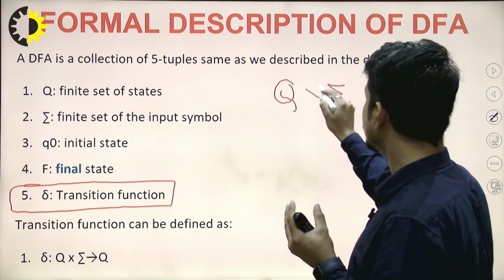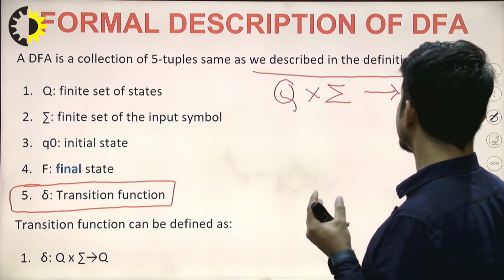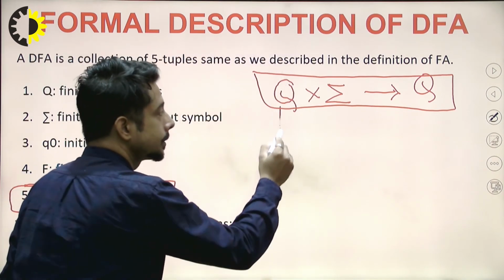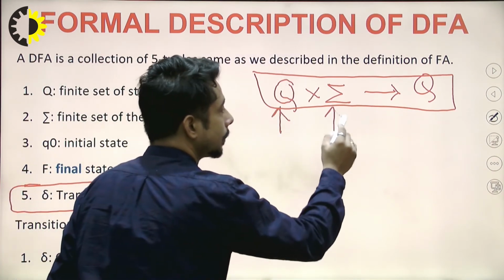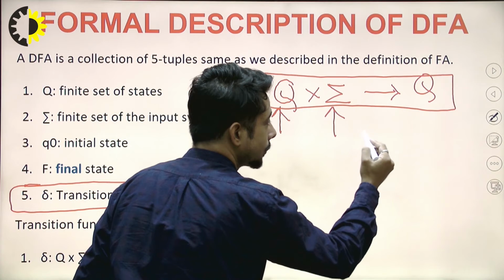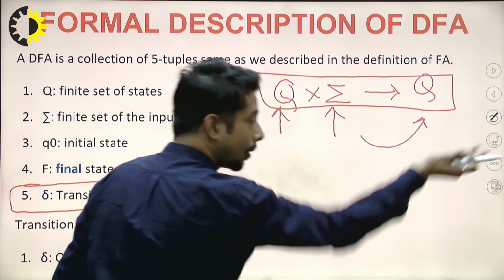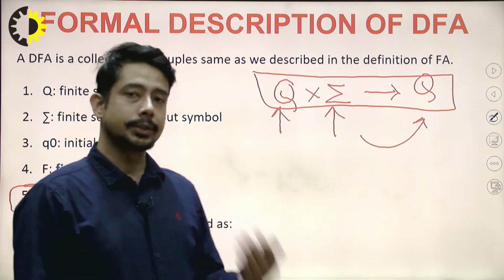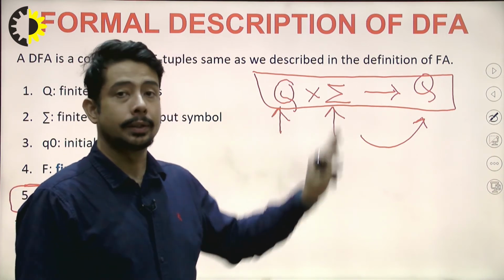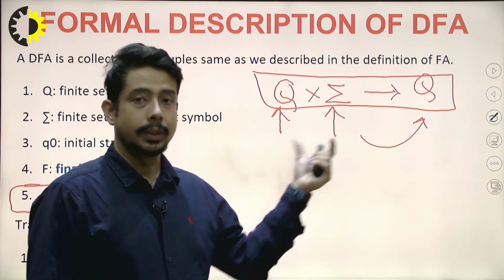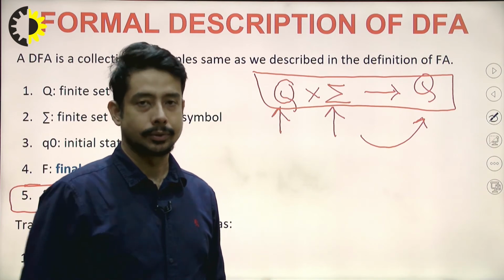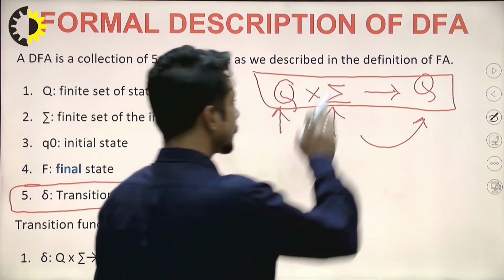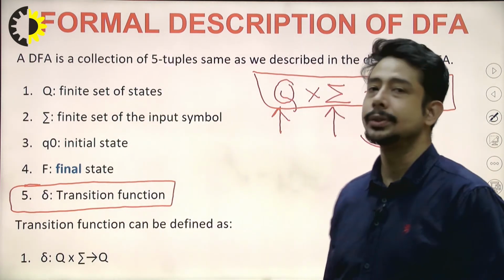So I have to take this particular definition as the transition function. For every state, for every input alphabet, it will go exactly one transition to the next state or to itself. So this is the transition function for DFA. When we discuss NFA, we will see the difference between the transition function of DFA and NFA. That time you will come across. So this is the transition function of DFA, and all the rest of the formal description attributes are the same.